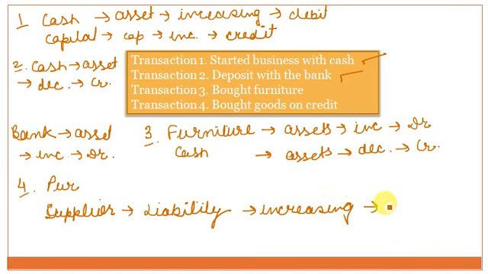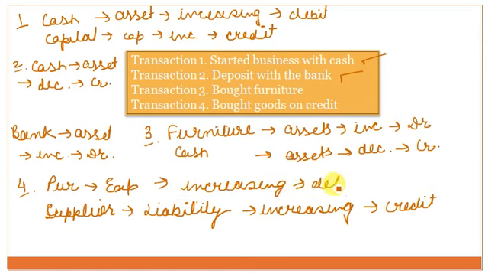So we should credit it. Supplier should be credited, and purchases is an expense. It is also increasing, so it should be debited. So these are the ways through which transactions are identified and debit and credit rules are applied.